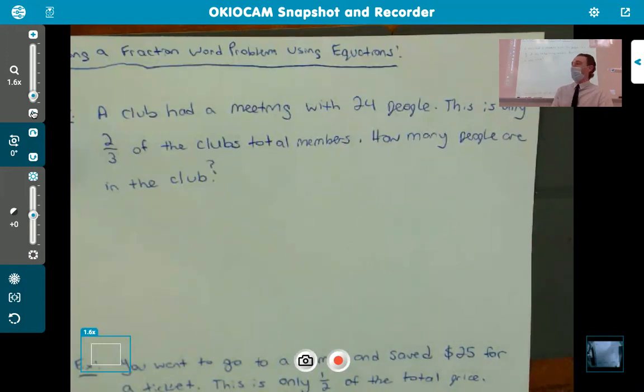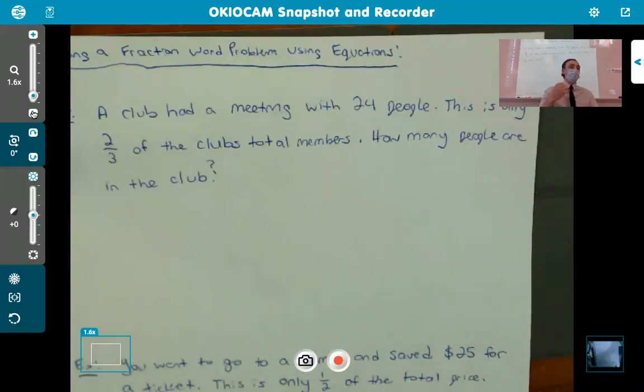The way that we're going to do this is to pull out all the necessary information that we have. The club had a meeting of 24 people. This is only 2/3 of the club's total members. It asks how many people are in the club in general. Whatever they're asking you to find, we're going to associate a variable with that. Every time you have a problem like this, ask yourself, what are they asking me to find?